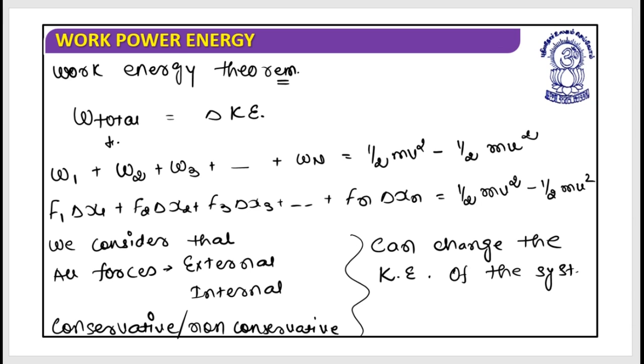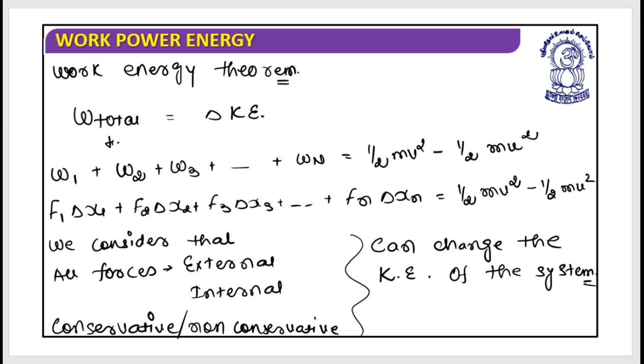So we have discussed this up till now, and then we will discuss the applications. I hope these things are clear. When I have a question, what I am supposed to do is find out all the forces that are acting on my system. I will find out the work done due to each and every individual force.